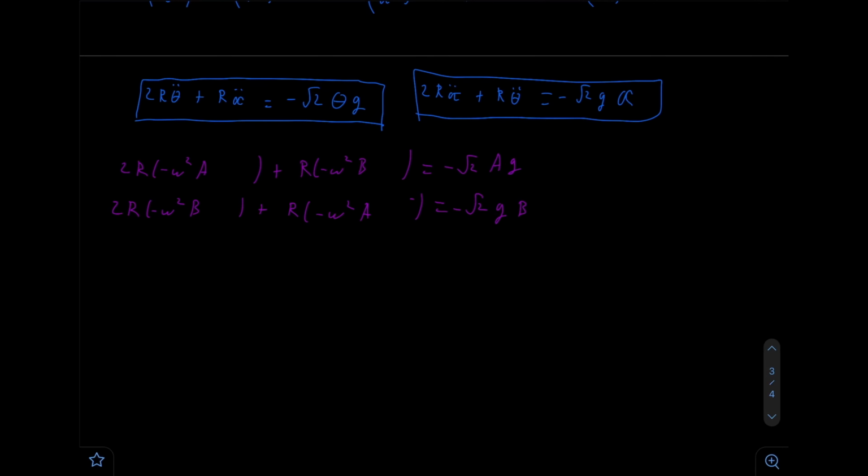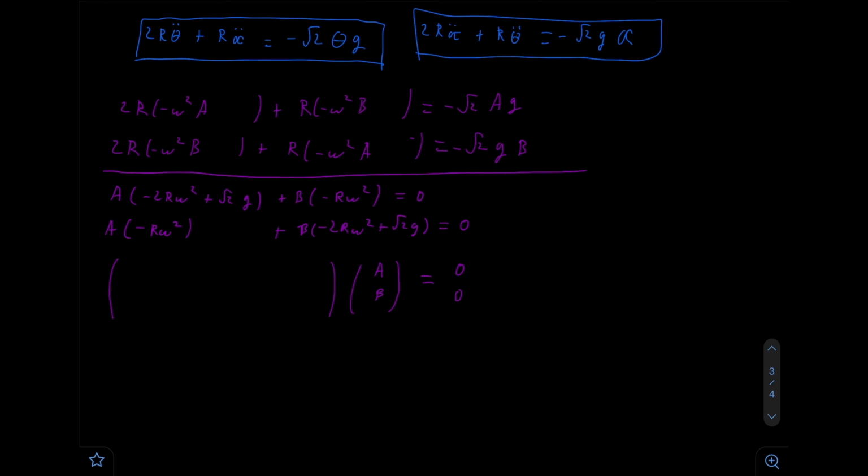Well, we can put this in matrix notation and have it as a matrix times a vector, where the vector is AB. Actually, before we do that, I should write everything to one side. Okay, and then we'll have the 0 vector on the right side.